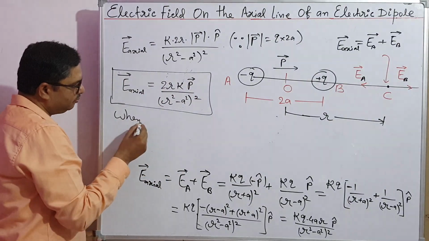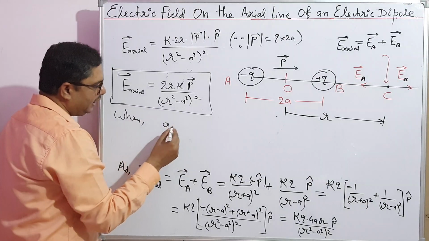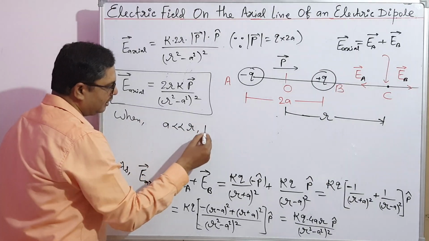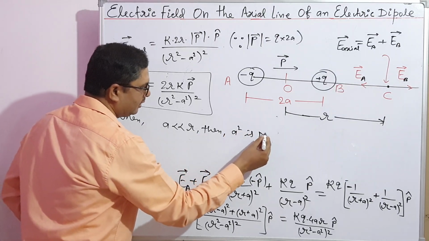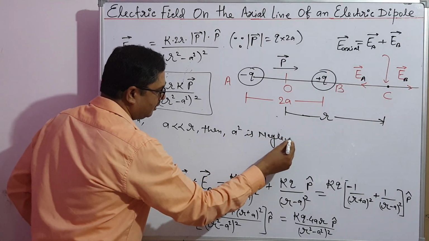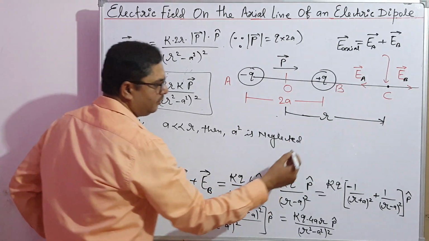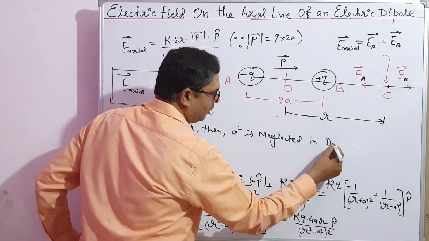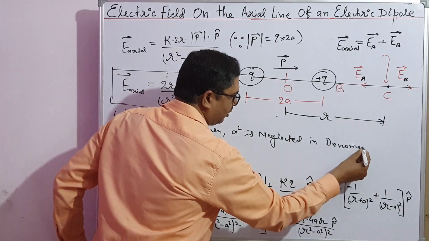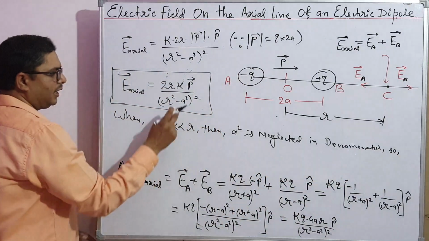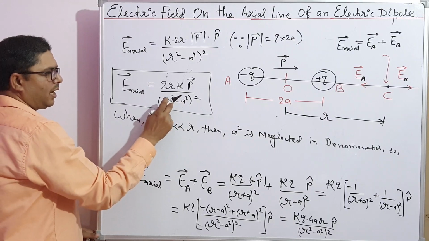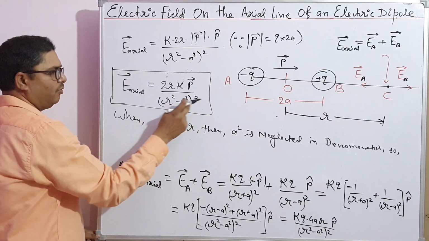So this is the equation for E axial. When A is very much less than R, then A square is neglected in the denominator. So when you neglect the A square, you get R square into R square, R to the power 4. So E axial is equal to 2RKP divided by R to the power 4.